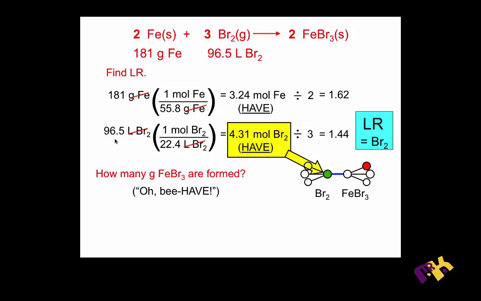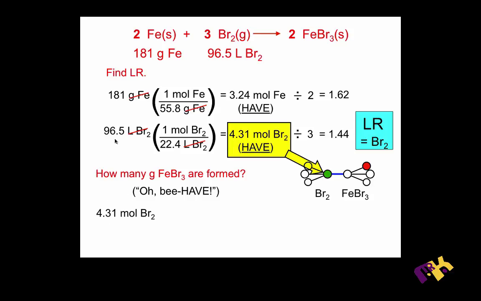All right. So we'll start with the 4.31. Now, if you wanted, you could start with the 96.5 liters of the bromine. You could do that, it's gas bromine. We could start with that, but since we've already done the work, we might as well just start with the moles. Okay.